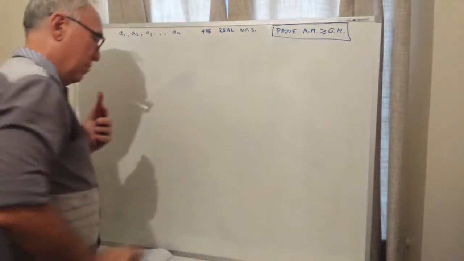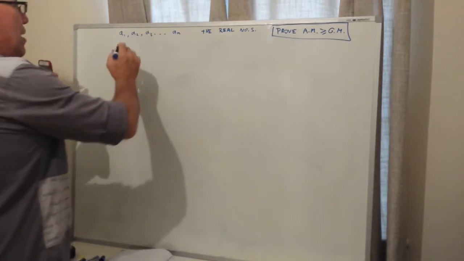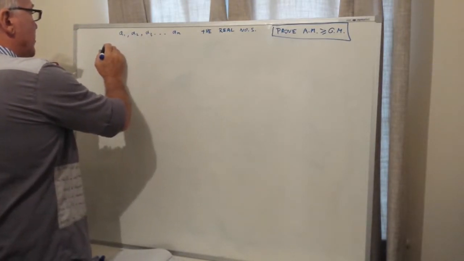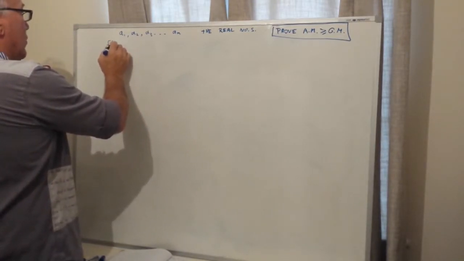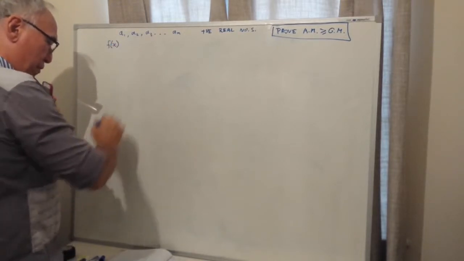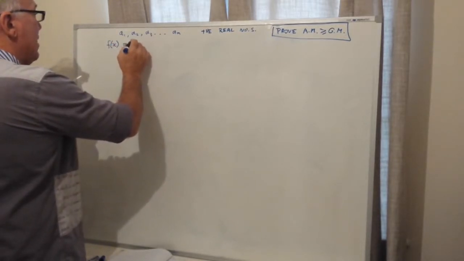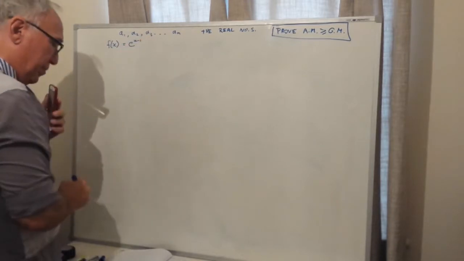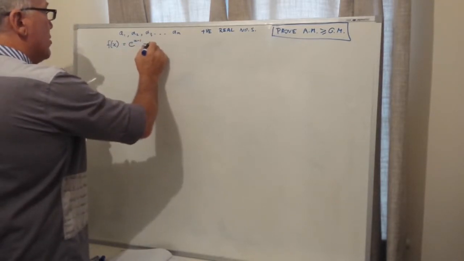All right. So we're going to start with a particular function. We'll call this function f of x equals e to the x minus 1 minus x.